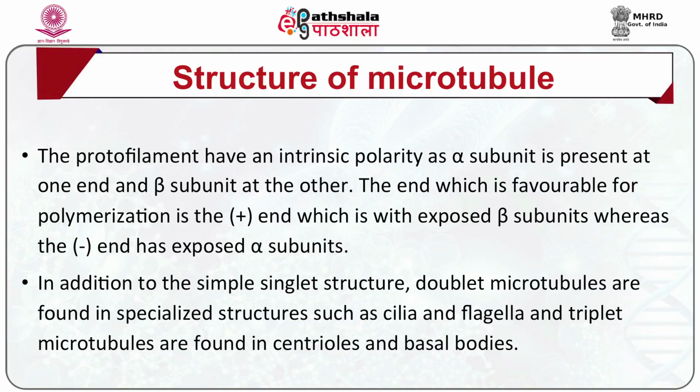A single microtubule is built from the 13 protofilaments. In addition to the simple singlet structure, doublet microtubules are found in specialized structures such as cilia and flagella, and triplet microtubules are found in centrioles and basal bodies.